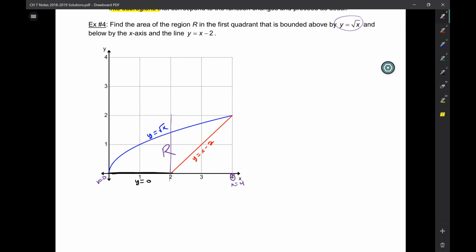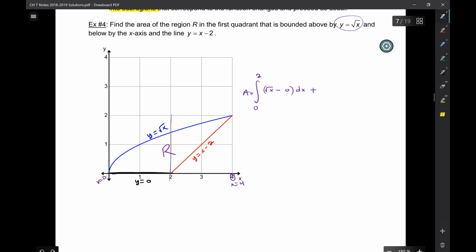So what I need to do to find area is, first I need to find the area from 0 to 2. And here the top function is root x, upper function is root x, minus 0 dx.